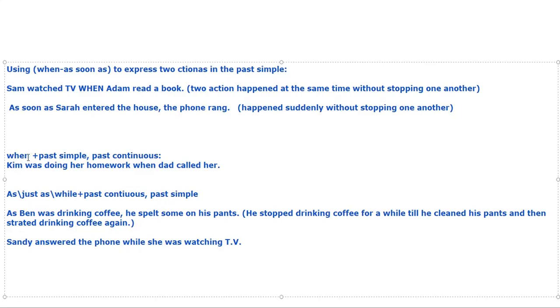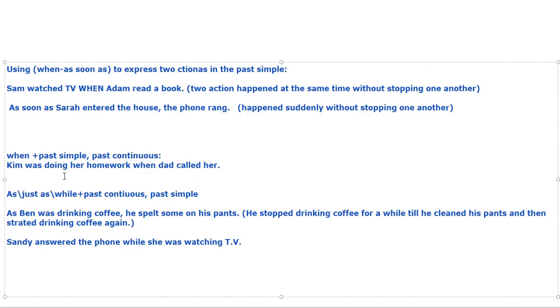If we start with the linker or the conjunction at the beginning of the statement: Kim was doing her homework when Dad called her. Here we used when in the middle of the statement, so we didn't use a comma, right? When here is followed by the past simple, and so we start the statement with the past continuous, was plus the verb ending in ing, which is a gerund.